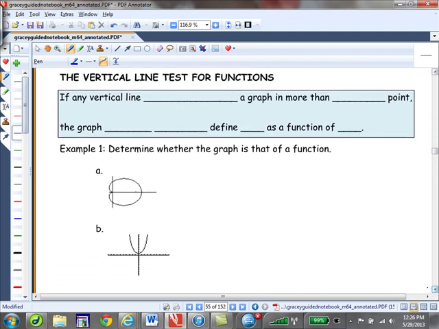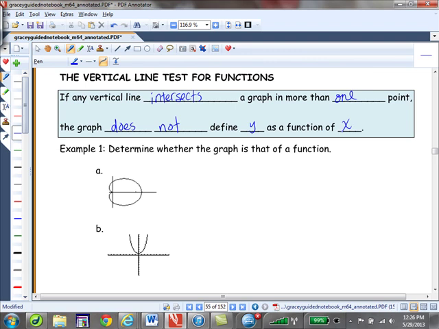The vertical line test for functions. If any vertical line intersects a graph in more than one point, the graph does not define y as a function of x.